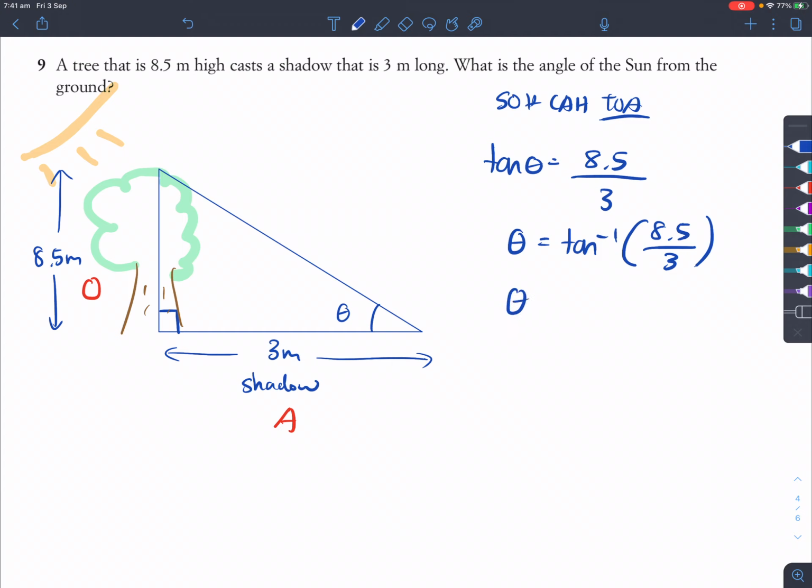And if I press our degrees, minutes, seconds button, we would get exactly 70 degrees, 33 minutes, and 35.87 seconds. This would round to 70 degrees and 34 minutes, since that number here as seconds is 30 or above.